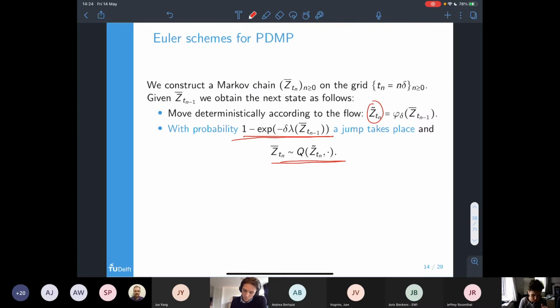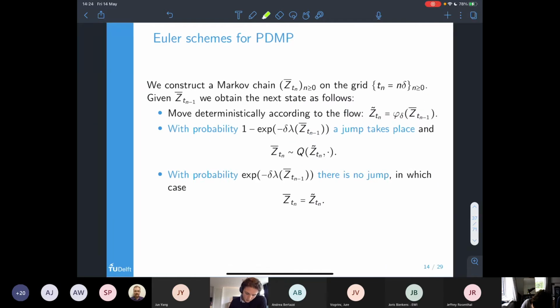This is equivalent to following the deterministic flow for a time delta, feeding it to the Markov kernel, and this will give us the new state of the process. Alternatively, with probability 1 minus the previous one, there will be no jump. In that case, we will simply follow the deterministic flow and nothing else happens. We move on to the next step. So this is the simple idea.